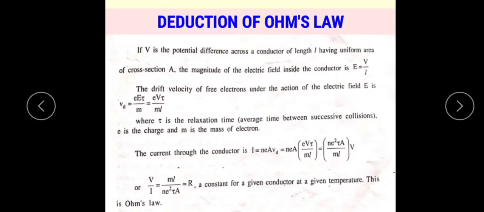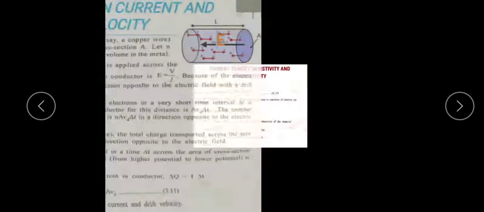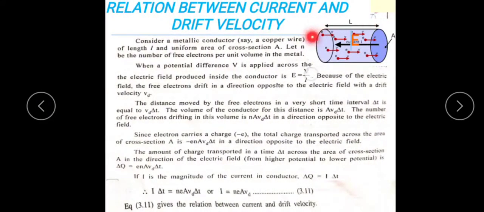The next topic is the deduction of Ohm's law using this concept. Now we want to deduce Ohm's law using drift velocity. Let us consider a conductor or any metallic wire, within whose volume there are n number of free electrons.